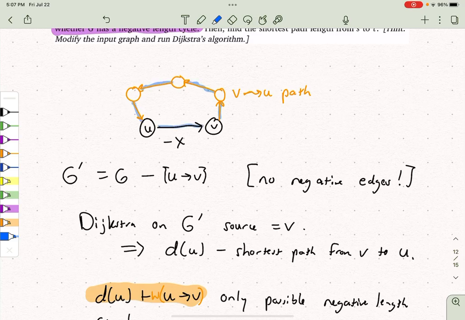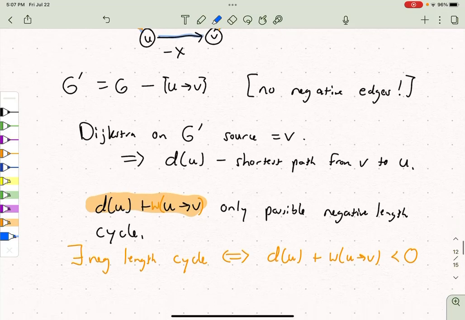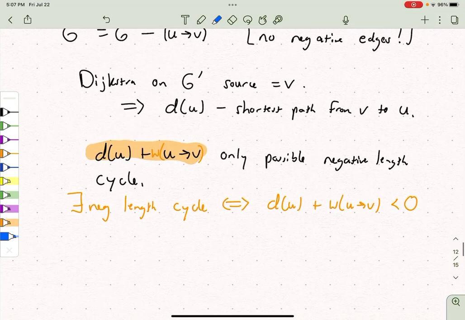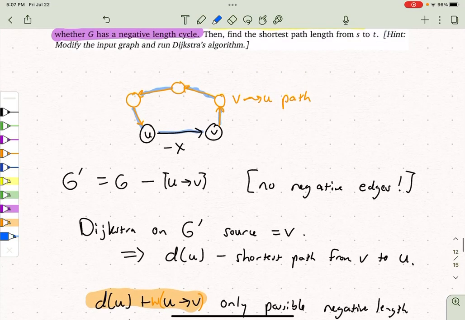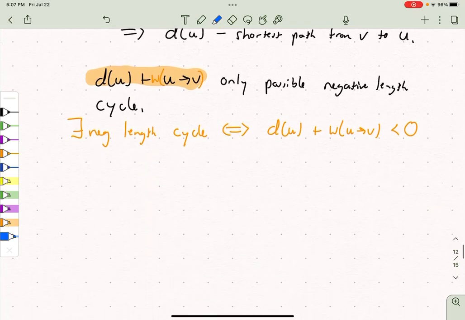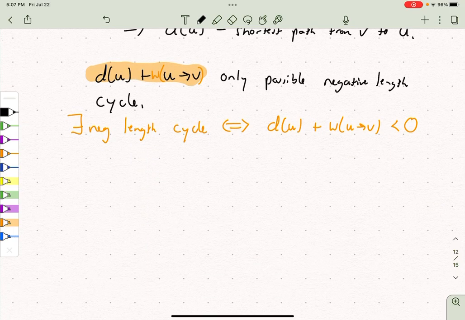We can just keep going around and around the cycle and getting a lower and lower total cost. On the other hand, if that's positive, then no other possible cycle using that edge could be negative. Okay?